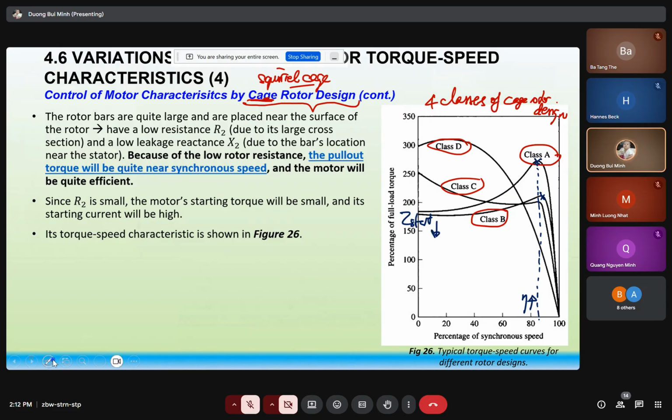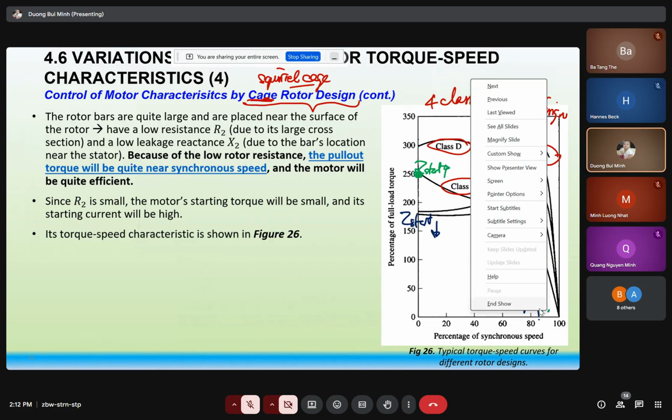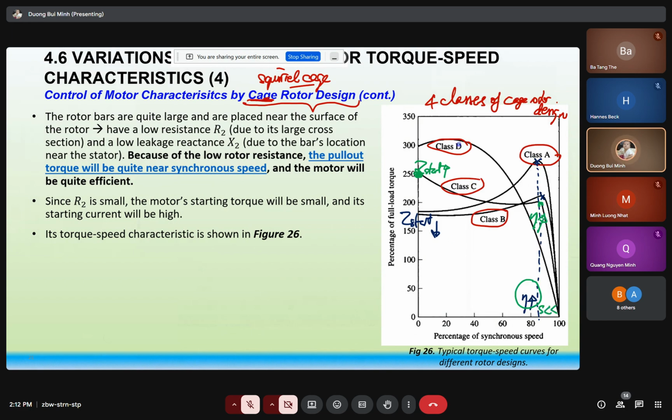For class C, very good efficiency and also very good starting torque, because starting torque is high and efficiency is high, because S is small. Now for class D, we get very high starting torque, but efficiency is not good. Efficiency is lower because the slip is higher.